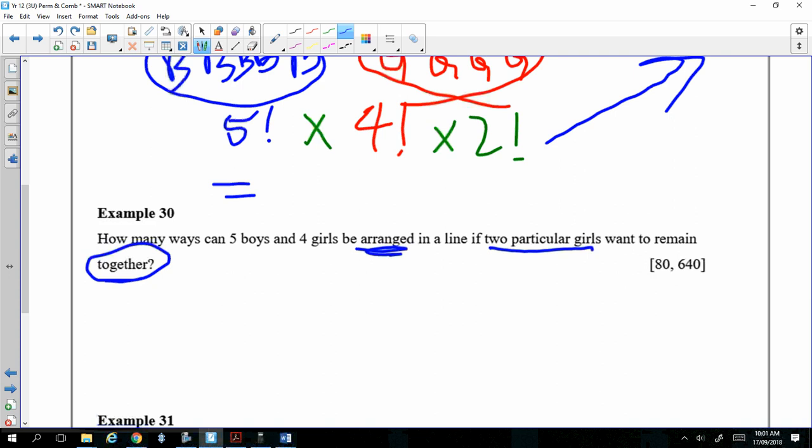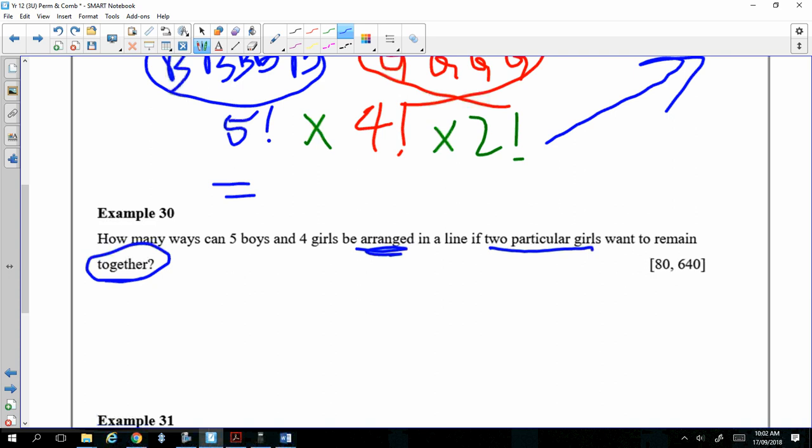Because they could be anywhere in the line. All right, no problem. It's a very good try. Anyone who wants to have a go?